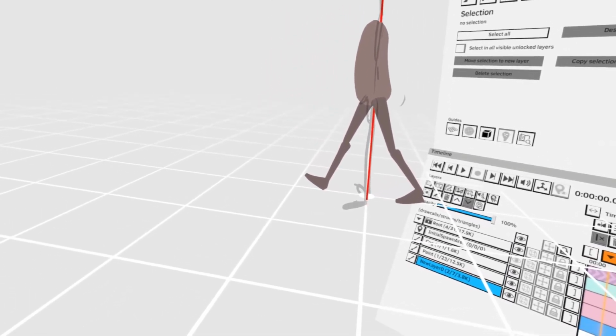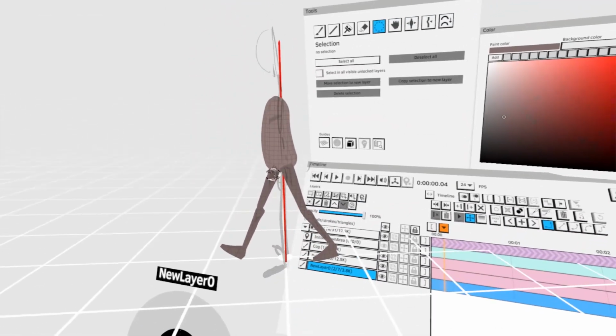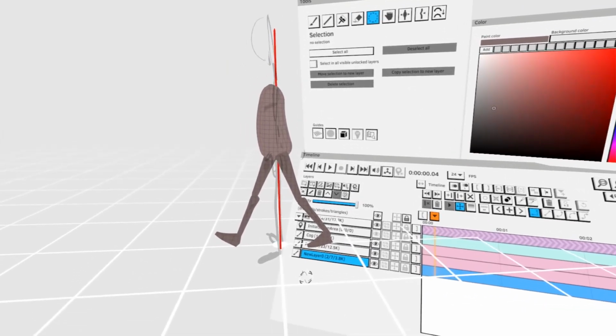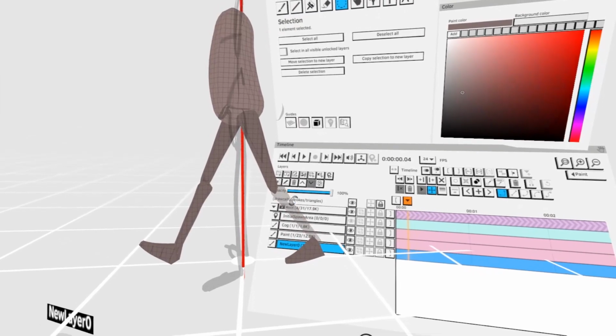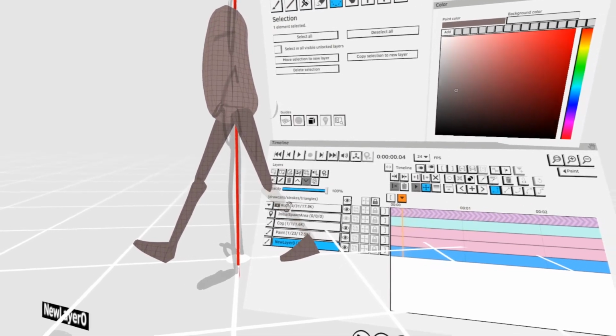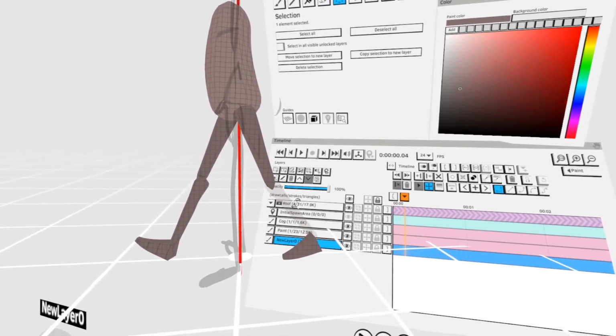So that's an optimization trick, because the cycle only needs to happen once. All the frames need to happen once only. So the rest will be just a repetition of the cycle.